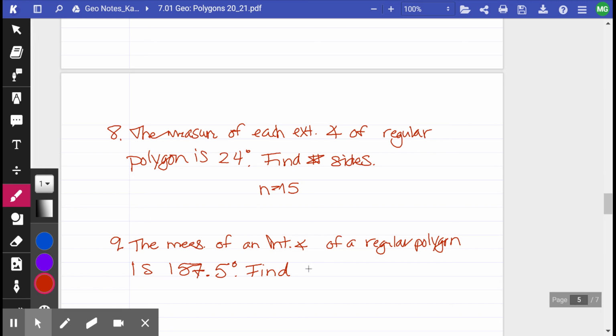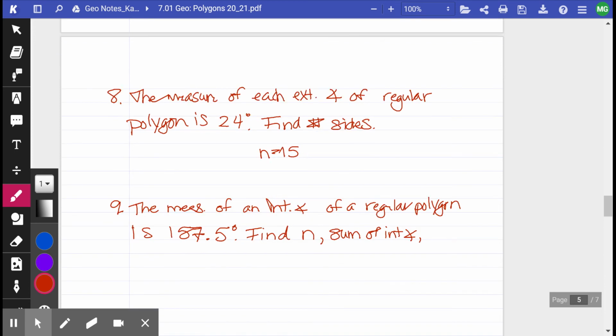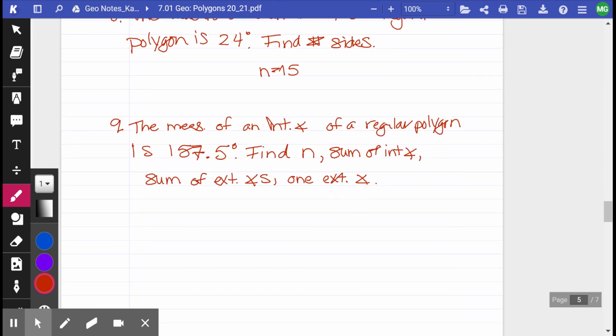I want you to find the number of sides, so find n. Find the sum of the interior angles. And find the sum of the exterior angles. And one exterior angle. Pause the video, go ahead and find that. Make sure you show all work.